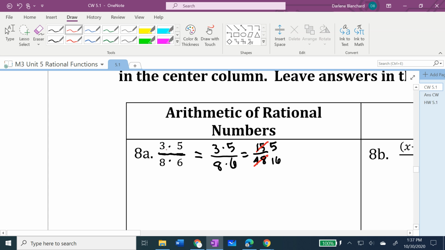So in my numerator, if I divide one of the factors by 3, and in the denominator, I divide one of the factors by 3, I have made my life simpler, and it's going to be easier to see 5 over 16. Less multiplication. But you can only cancel something that is a factor of the numerator with something that is a factor of the denominator.